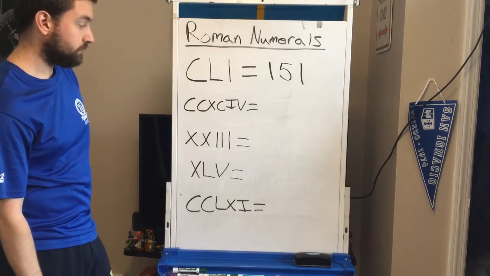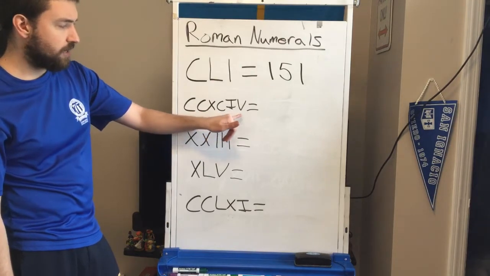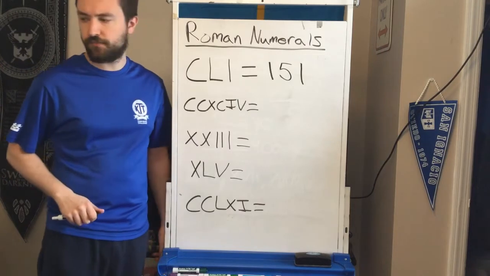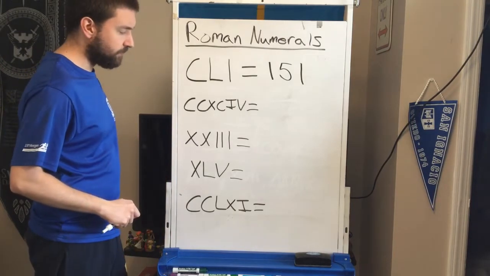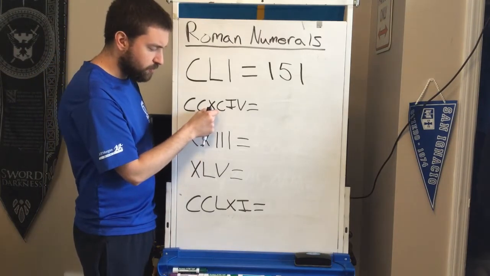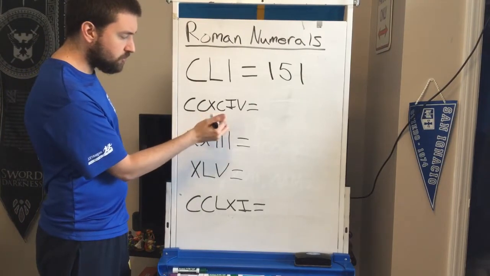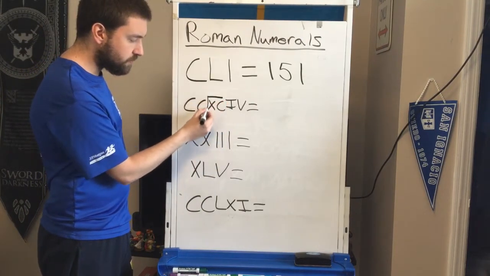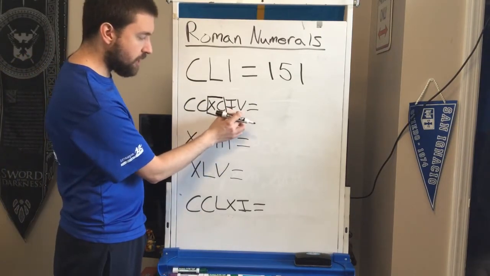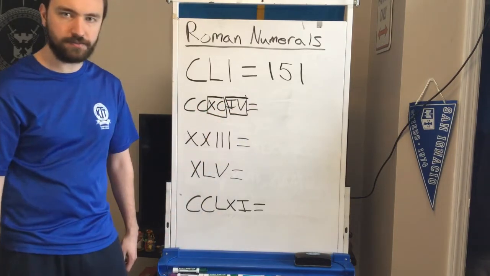Let's look at the next one. CCXCIV. Okay. We know that C is 100. We know that X is 10. Oh, but C is 100. So we have a smaller number before a bigger number, which means that we have to look at this as one number. And then again, I and V, we have to look at this as one number.